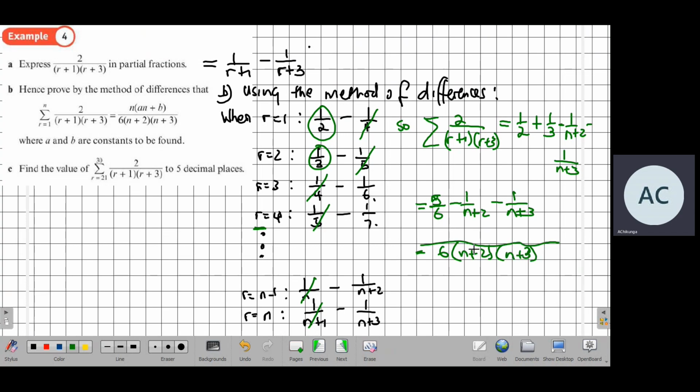Then the numerator will reduce to 5n squared plus 13n. If you factor out the n, this is going to become n(5n plus 13) all over 6(n plus 2)(n plus 3), suggesting that the value of A is 5 and the value of B is 13.